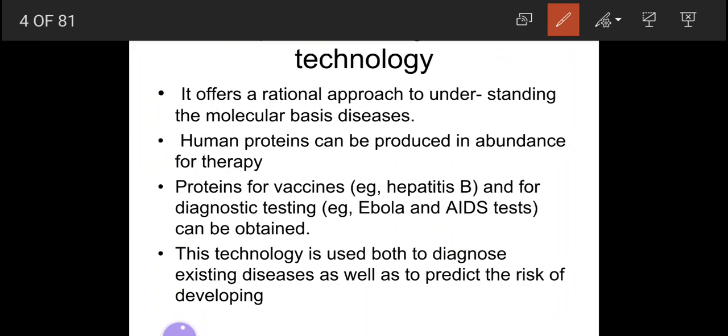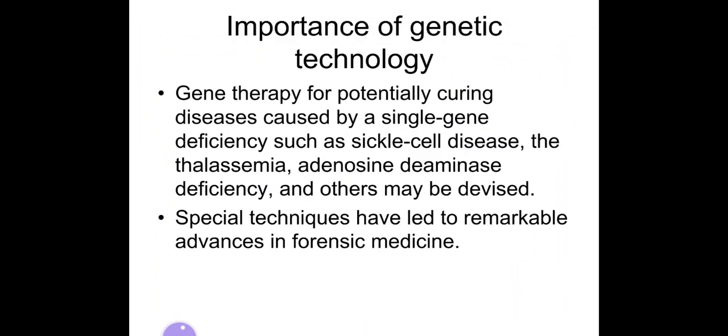This technique is also used both to diagnose existing diseases as well as to predict the risk of developing disease in the future. Gene therapy for potentially curing diseases caused by a single gene deficiency, such as sickle cell disease, thalassemia, adenosine deaminase deficiency, and others may be devised.